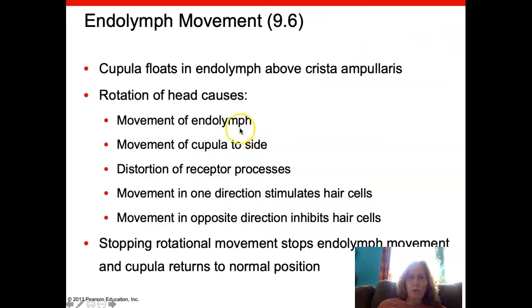Rotation of the head causes movement of the endolymph, the fluid that's inside, moving the cupula to the side and distorting those hair cells. So movement in one direction will stimulate hair cells, and movement in an opposite direction will inhibit hair cells, and no movement at all will return the hair cells to normal.